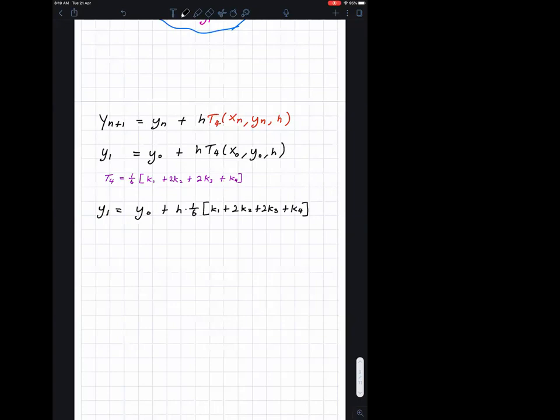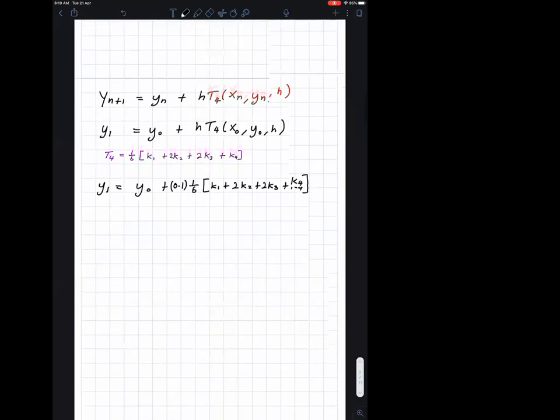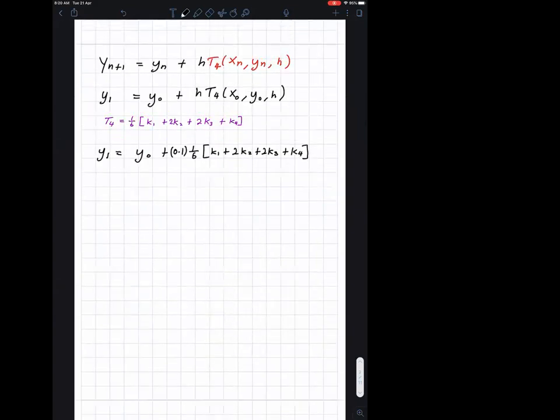In this case, your h is 0.1. Next, what you need to do, and also, what is y naught?